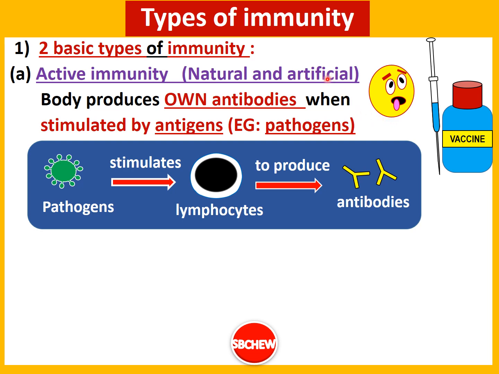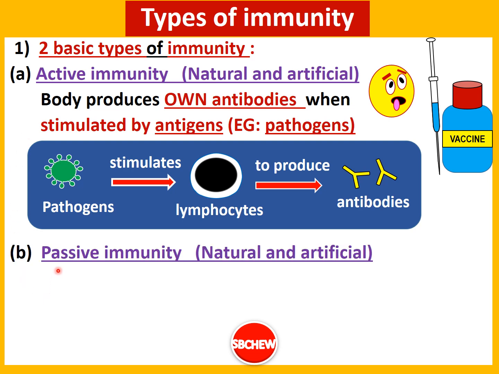And artificial active immunity is acquired through injection of vaccines, which are dead or weakened pathogens that are injected into the body to stimulate the lymphocytes to produce antibodies. We will come to that later. Just remember first that in active immunity, the body's lymphocytes actively produce their own antibodies against the pathogens or antigens.